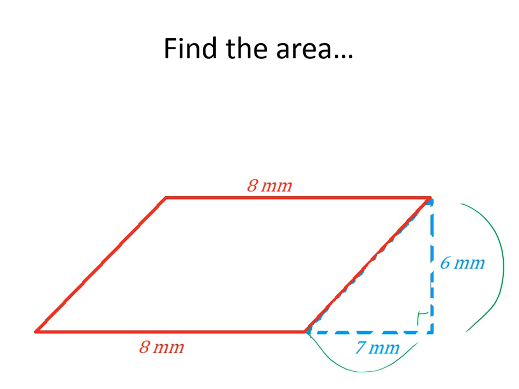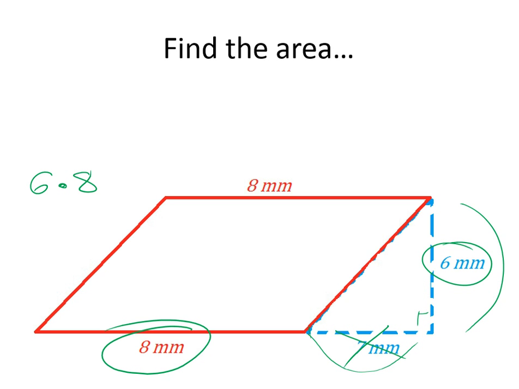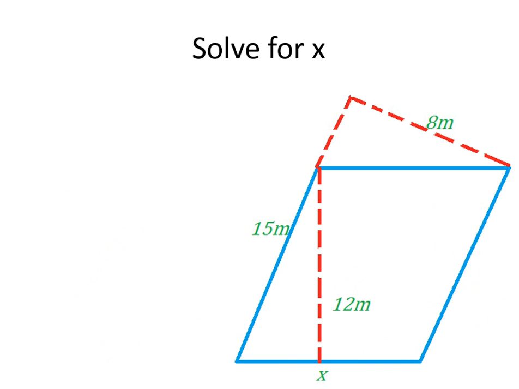The only numbers you're going to use are the altitude, the 6, and you're going to multiply that by whatever the base is. And the base is this number. You don't worry about how far you have to extend over. You want the base of the original object. So it'd be 6 times 8. So 6 times 8 is 48, and then it would be millimeters squared. And that's just the area. So again, this should be pretty straightforward, pretty simple.